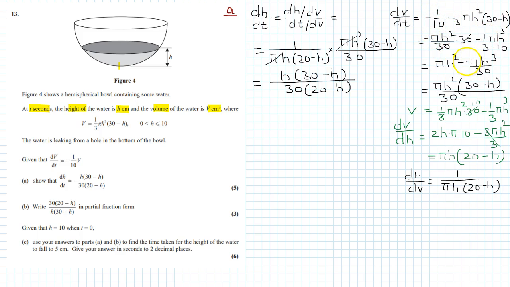This is negative, this is negative, 30 minus h. So we remain it like this. This is negative, this is negative, so this is negative, because again we have put this in the bracket. So this is negative, that's why this is a negative.